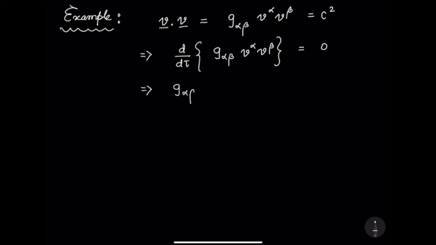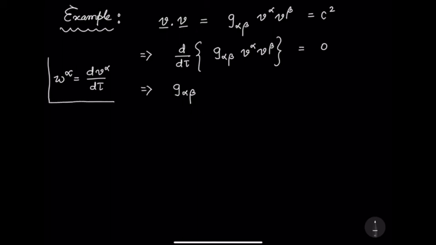g alpha beta are 1, minus 1, minus 1, minus 1 and 0, so they are all constants. I take the derivative of v with respect to tau. Now, as I defined 4 velocities, let us define 4 accelerations in this exact same way. So this is dv alpha by d tau, the time derivative is with respect to the proper time.